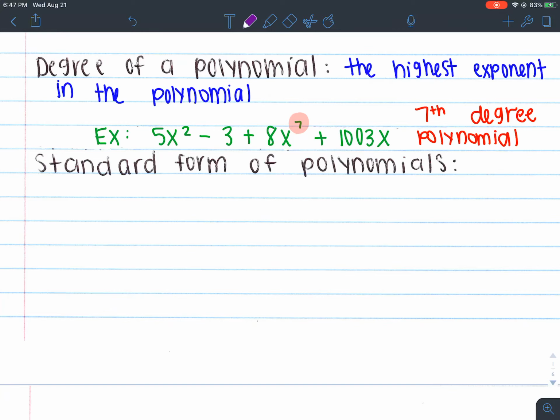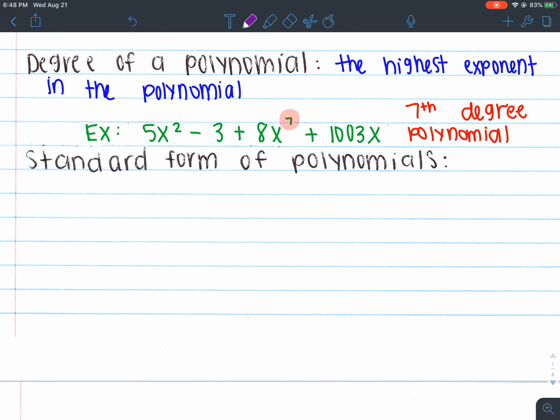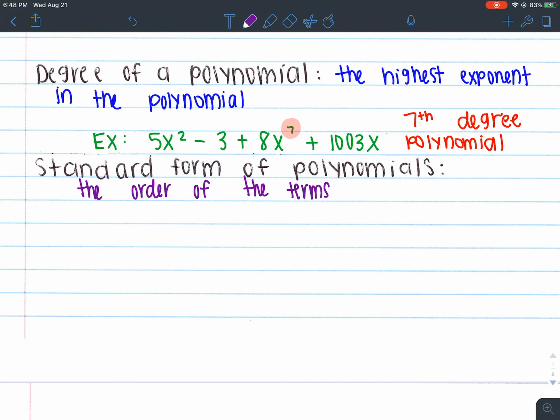So the order of your terms, with the greatest exponent to the smallest exponent.